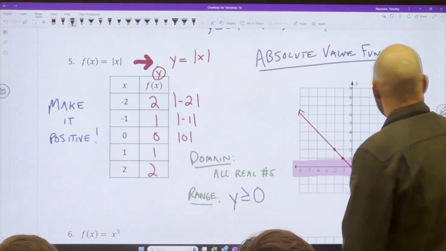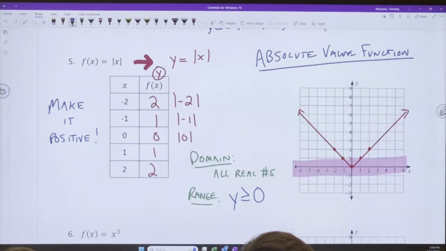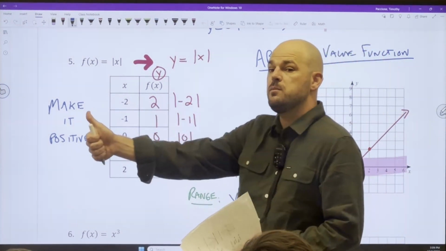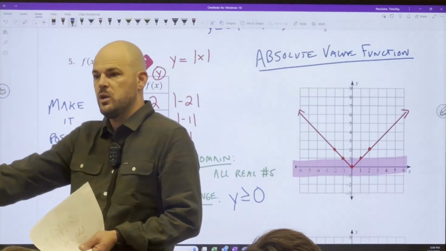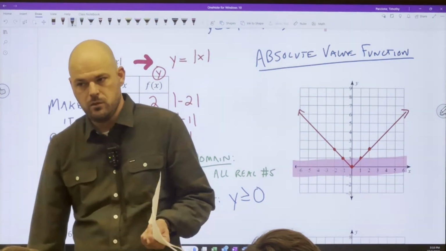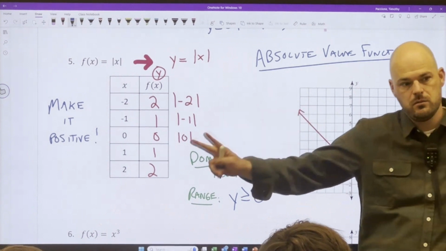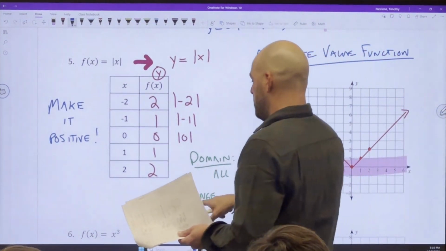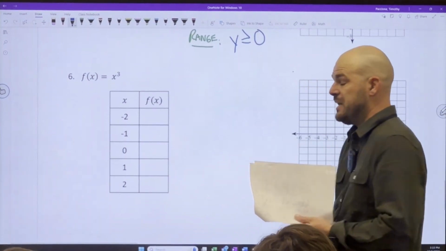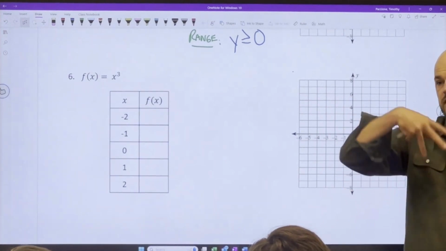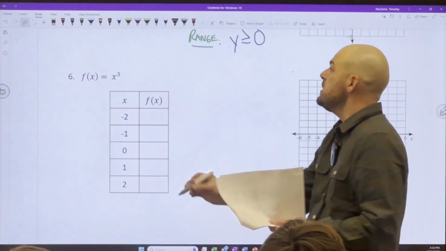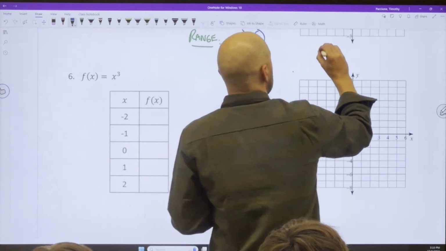One more. Okay, so the last one, remember we said x to the 1 is always going to be what? What type of function? Linear, right? 99% of the time. X squared is always going to be quadratic. And then we have this one. X to the third. Now to the third power. So this one we call cubic.